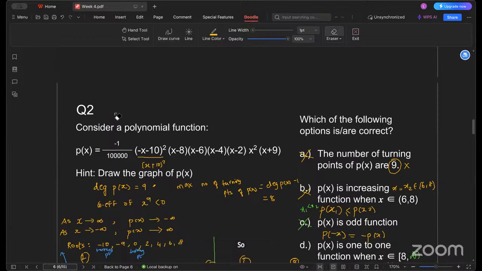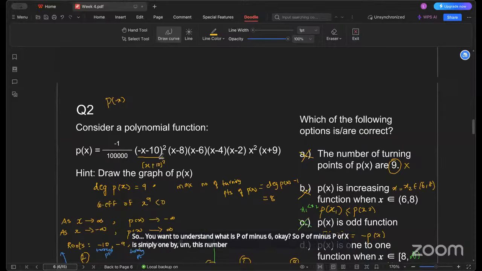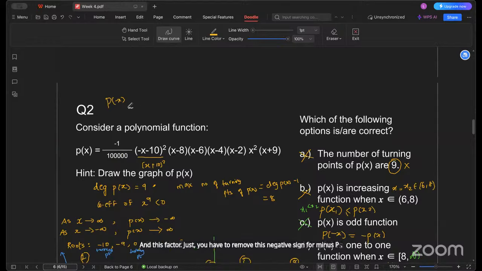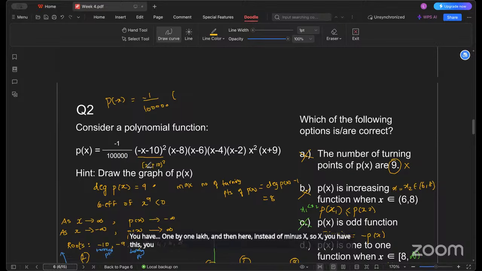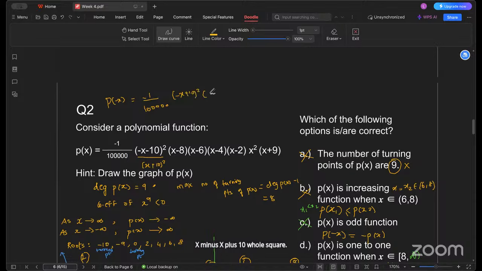So you want to understand what is P(minus x). Minus P(x) is simply 1 by this number and this factor, just with the negative sign removed. But for P(minus x), you have 1 by 1 lakh, and then instead of x you write minus x, so you have minus x plus 10 whole square, then minus x minus 8, then minus x minus 6.